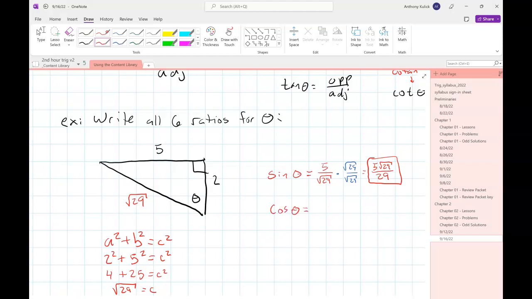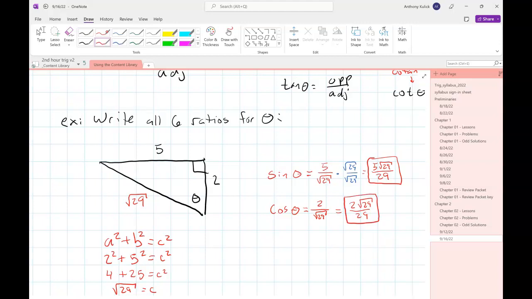Cosine theta, what's that going to be? 2 over square root of 29. We're going to have to do the same thing. I'm not going to show the step there. Is that okay with everybody, that I just wrote the answer?